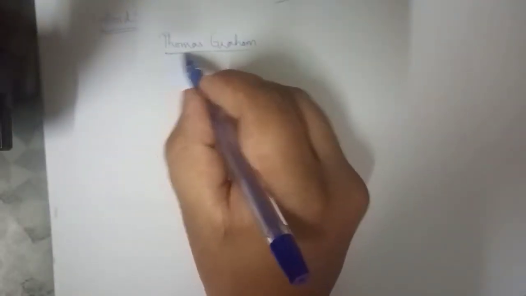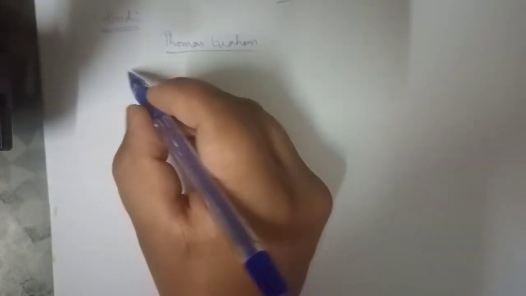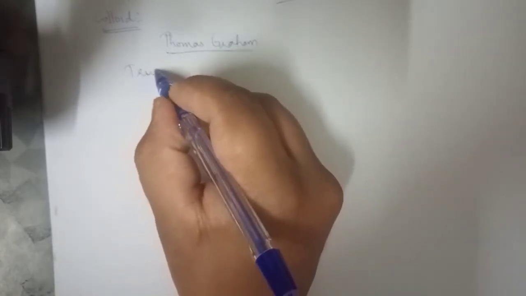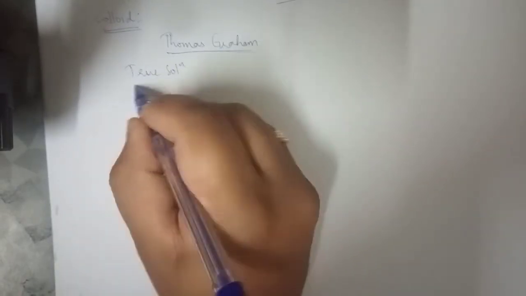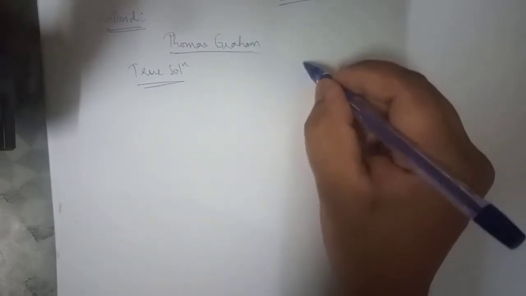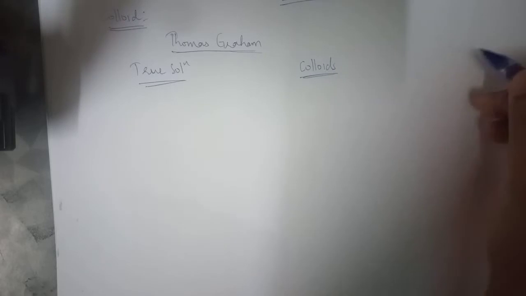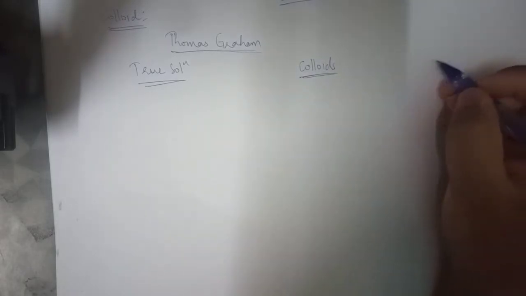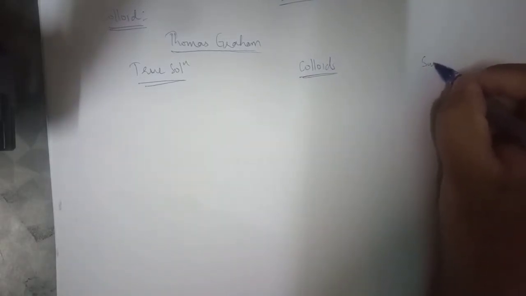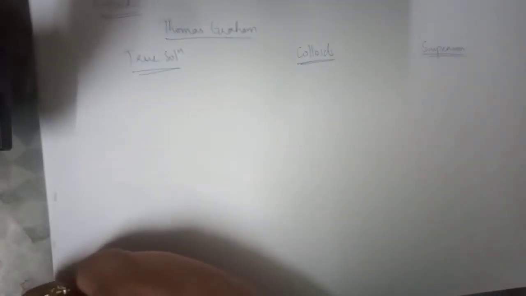So Thomas Graham has bifurcated, or trifurcated, I should say, true solutions, then colloidal solutions or colloids, then colloidal solution or colloids mean the same. Then we have the suspension. In fact, you might have studied about this even in the lower classes. That's what I'm saying. So it's not a very big task, but since it is given, you must have the track on them.